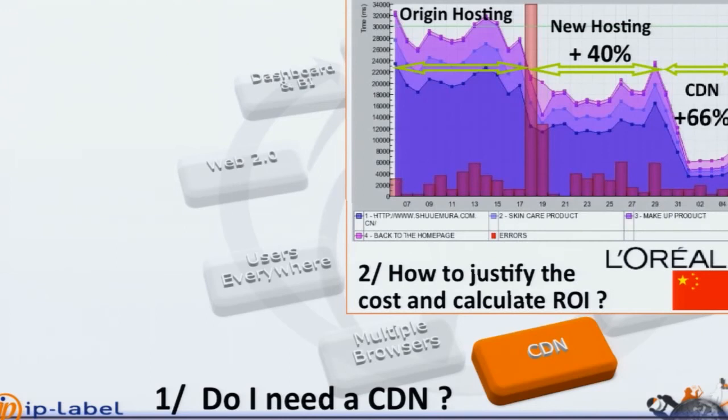CDN is also a very typical subject for end user monitoring. First question to ask yourself or your company: do you need a CDN? Second question is how to justify the cost of such solutions.